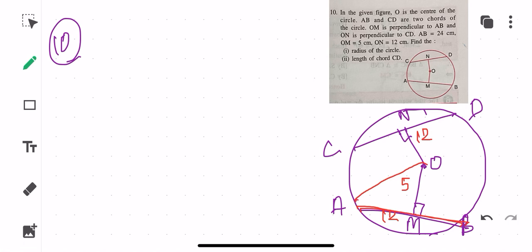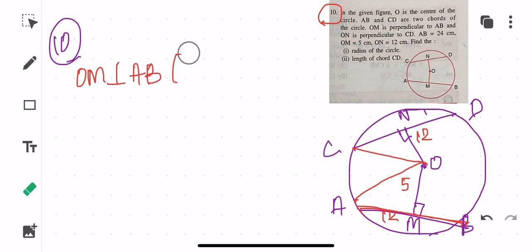So finding out the radius is very easy children, so what actually you have to do here, I'll tell you how to do, and then easily you can take this as homework. So you will be writing what? You will be writing that question number 10 I'll be marking as homework, that OM is perpendicular to AB, and in the brackets you will be writing down the reason that OM is perpendicular to AB.